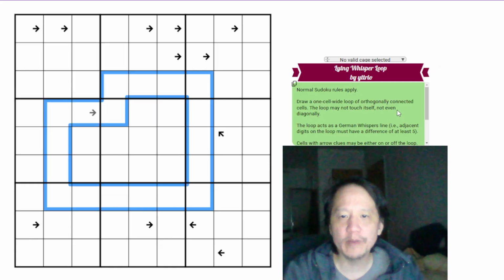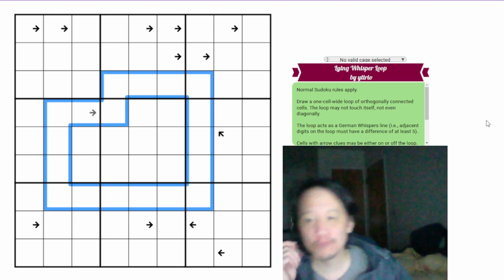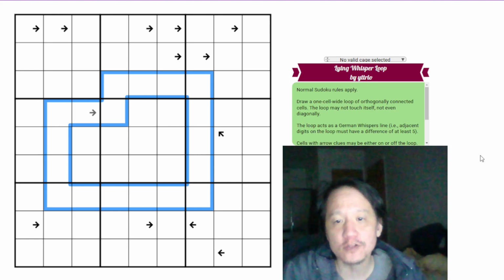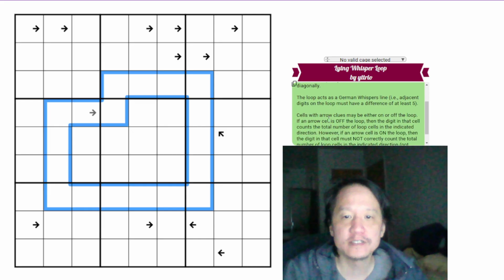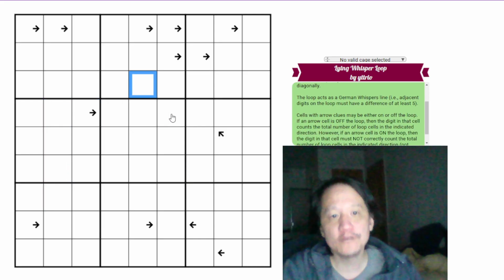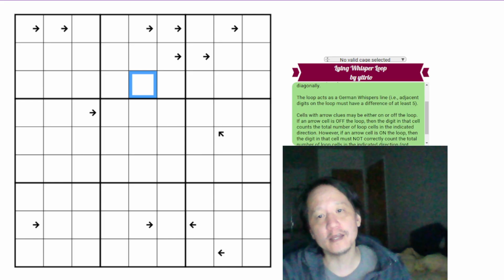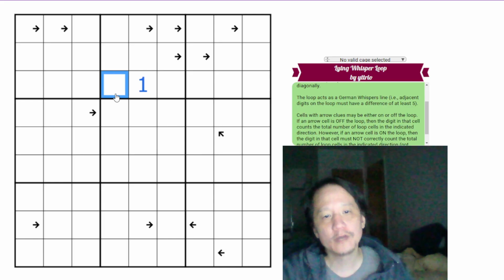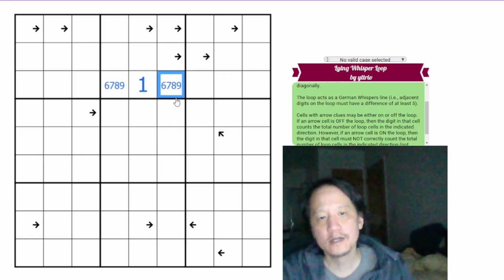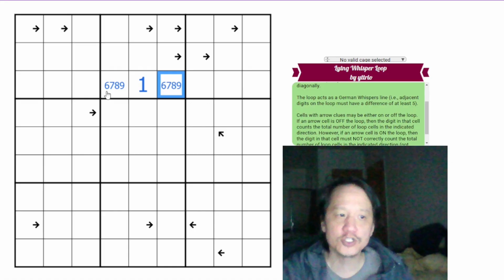The loop acts as a German whisper line. That is, adjacent digits on the loop must have a difference of at least 5. So on the loop, if you had a 1, and these two were the next parts of the loop, then you would have to have a 6, 7, 8, or 9 on each surrounding cell of the loop.